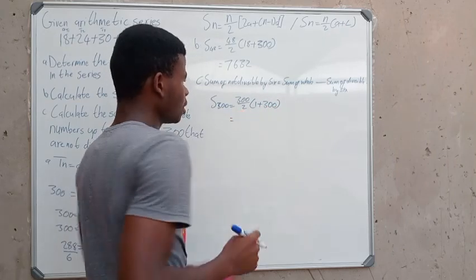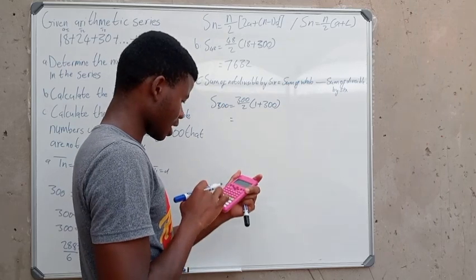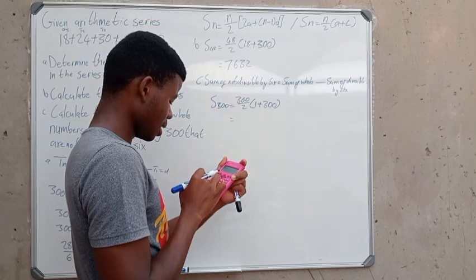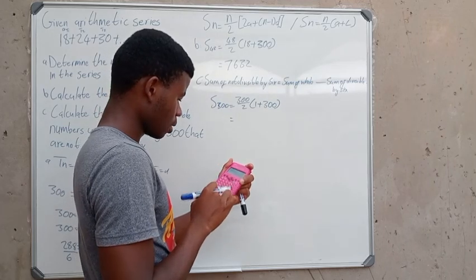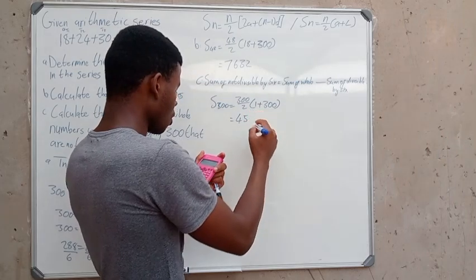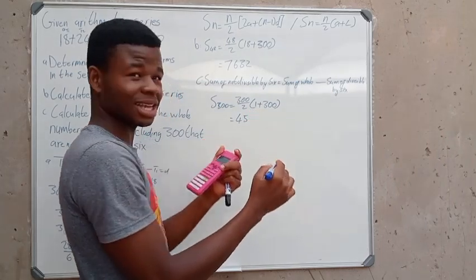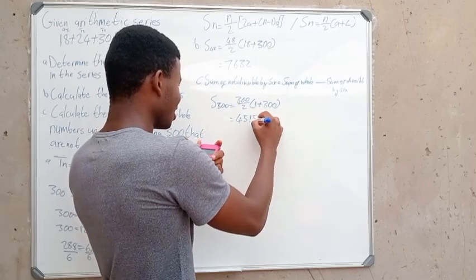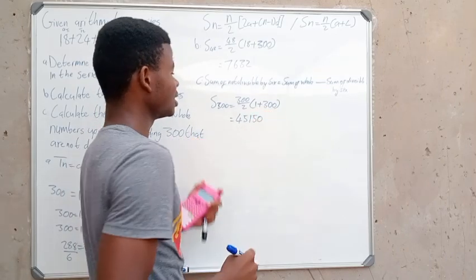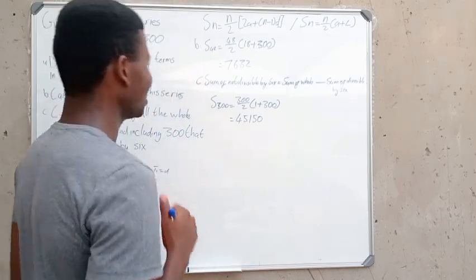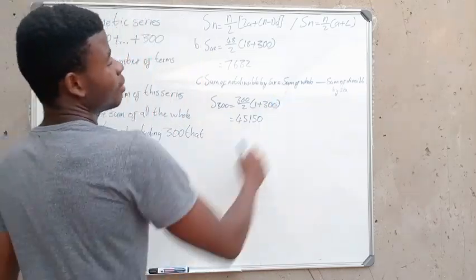Then we get 300 over 2 times 301, and we find 45,150. You see now, this mathematics wants to be next level. So now we have found the sum of the whole numbers.